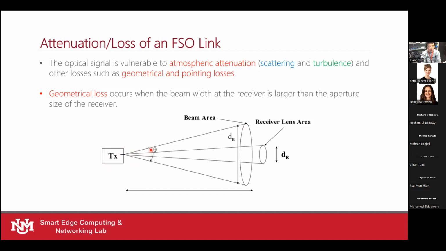Because of this divergence angle, once the beam propagates through the atmosphere, the beam size keeps increasing. Once the beam size at the receiver side is larger than the size of the lens of the optical receiver, then, like I mentioned before, a portion of the optical beam is lost. So by definition, the geometric loss equals the size of the receiver lens divided by the beam size at the FSO receiver side.